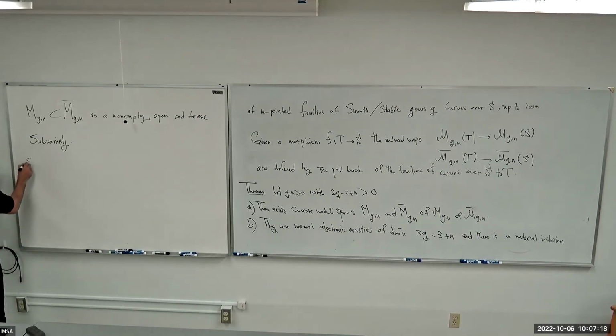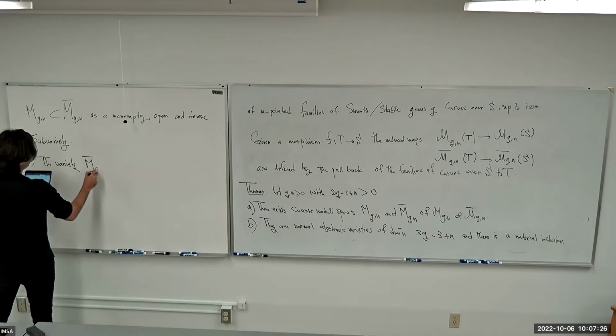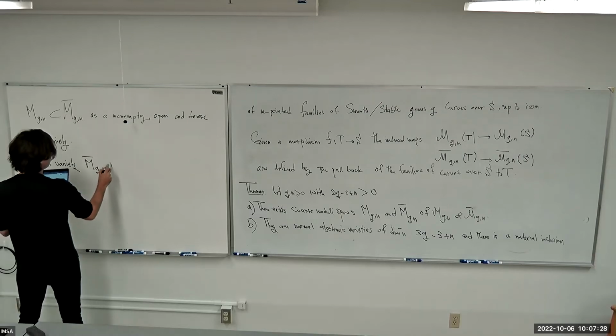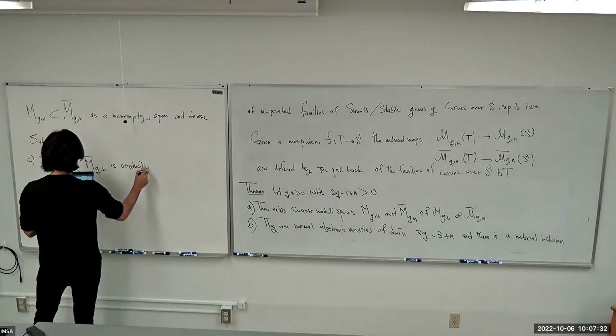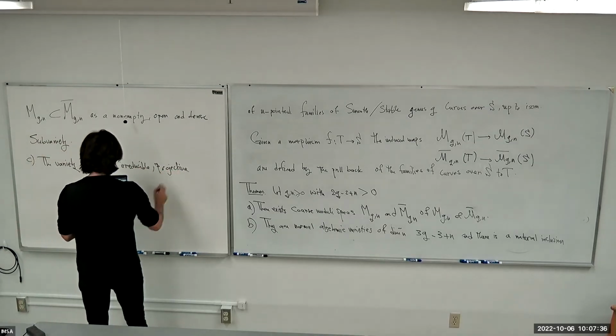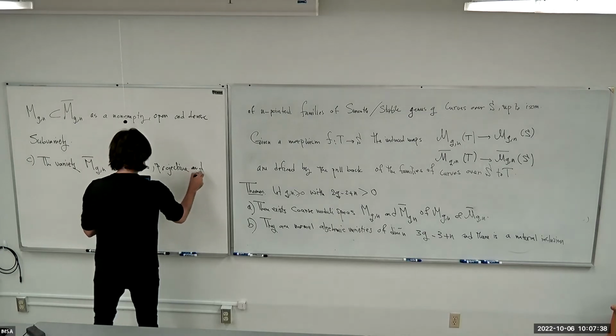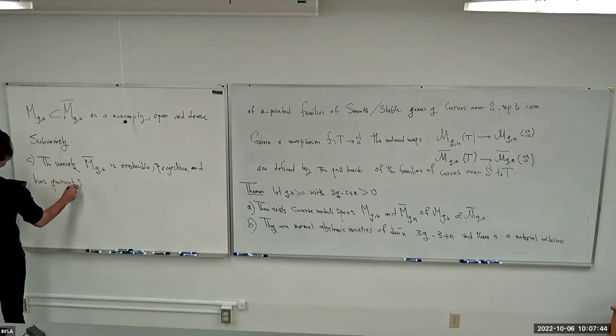Okay. Part C, the variety straight M bar_{g,n} is irreducible, projective, it's compact, and has quotient singularities. It is singular, but it has quotient singularities.